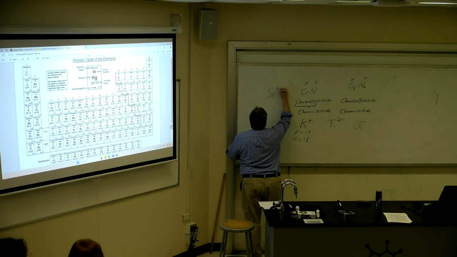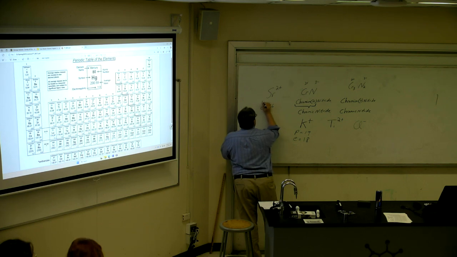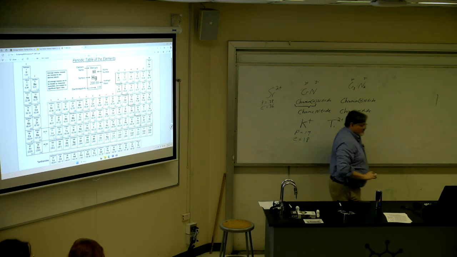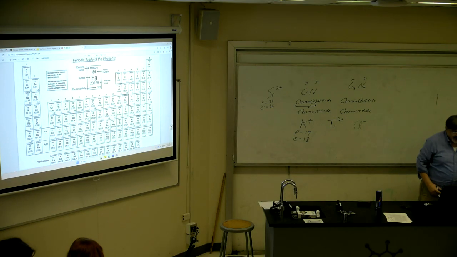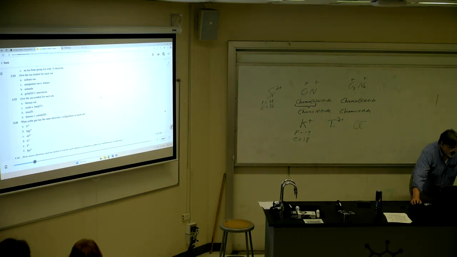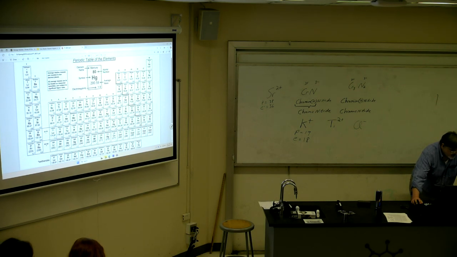Sr, 36 electrons and 38 protons. You get the protons from the periodic table, but the 38 electrons in neutral strontium, you lose 2 of those to end up with 36 total electrons to get the 2 plus.